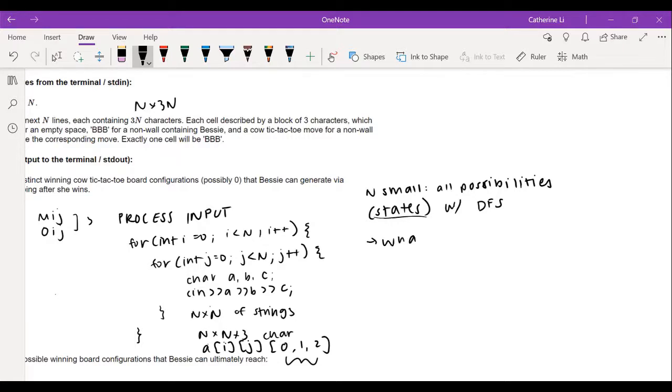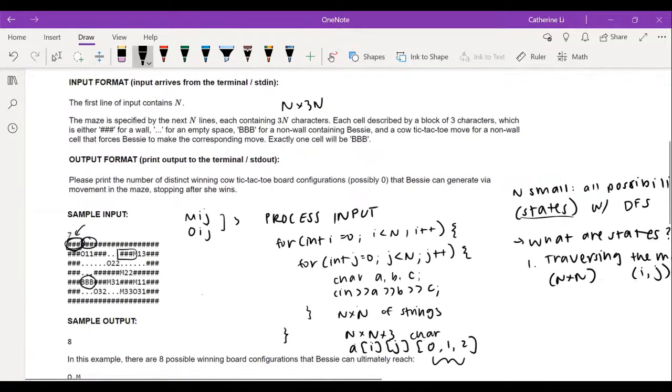So we know that there's two different pieces of information that we need to keep track of. The first one is we are traversing the maze itself, which is the n by n grid. And yeah, we can just use i and j to keep track of which location we are in this grid over here.